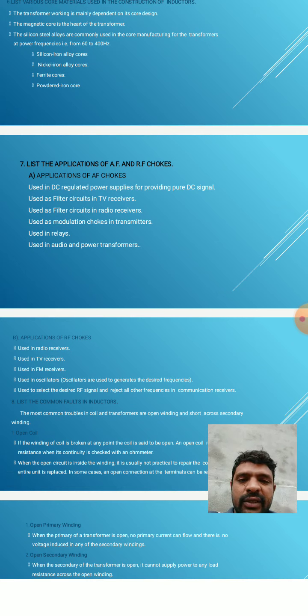List the applications of AF and RF chokes. Applications of AF chokes. These AF chokes are used in DC regulated power supplies for providing pure DC signals, and are used in filter circuits in TV receivers and radio receivers, as modulation chokes in transformers or transmitters.